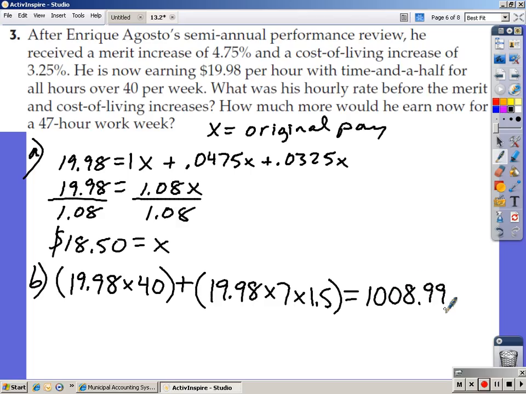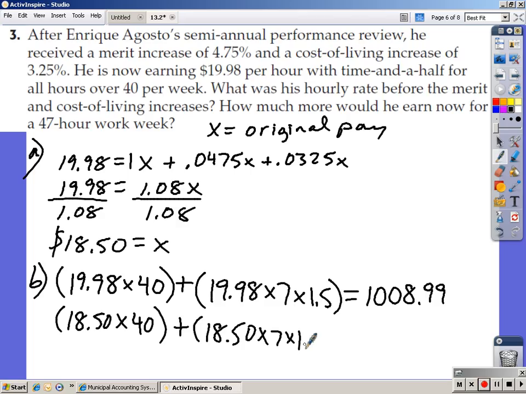All right, now we have to do the same exact thing, but we just need to replace 19.98 with 18.50. Okay, so 18.50 times our original 40 hours. Okay, that's just our regular straight pay, plus my overtime pay. 18.50 times the 7 hours extra I worked times 1.5 for time and a half gives me a pay of $934.25.